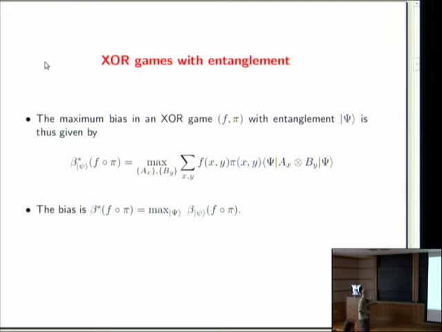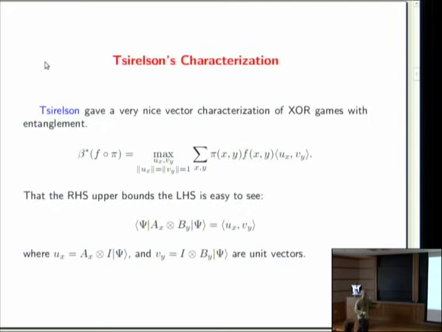Okay, so maybe it'll be more clear what you can do with entanglement from this slide. Cyrilson gave a very nice characterization of XOR games with entanglement, which is a lot easier to think about.